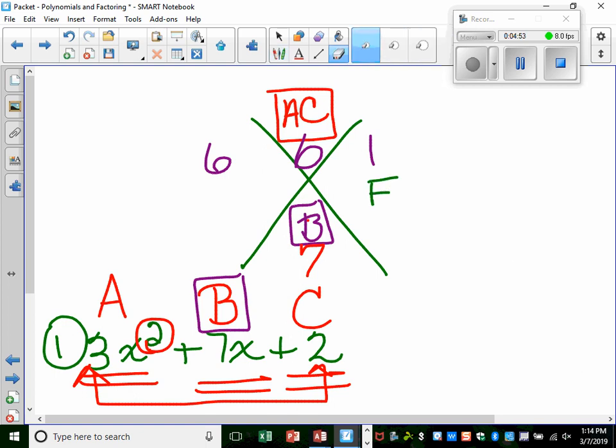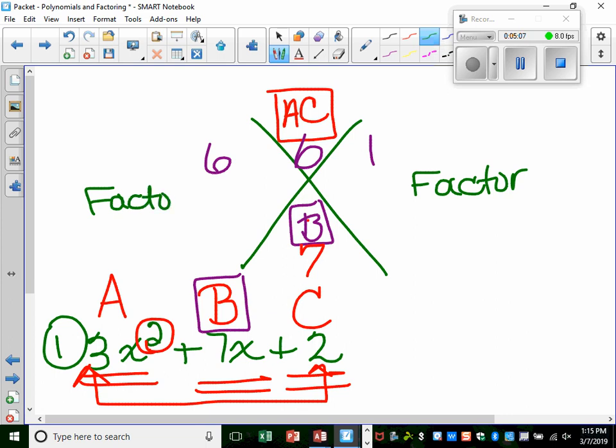Let me move this over a little bit because I'm going to do something else. Don't write the word factors directly under the 1. There's a factor over there and a factor on this side. So what times what will give us 6 at the top, but when we take the sum of them will give us 7 at the bottom.